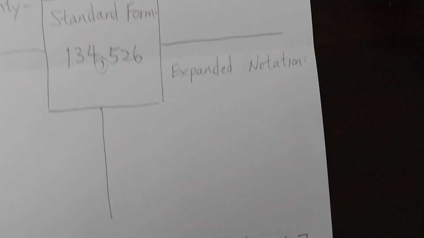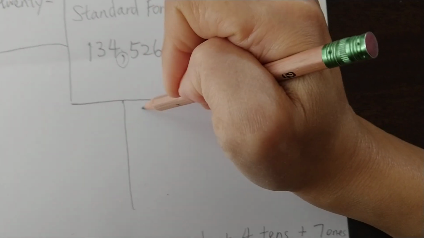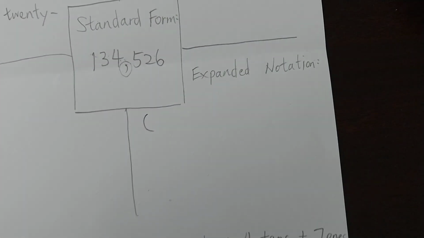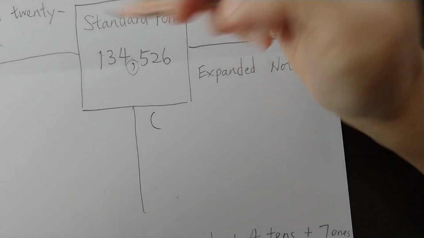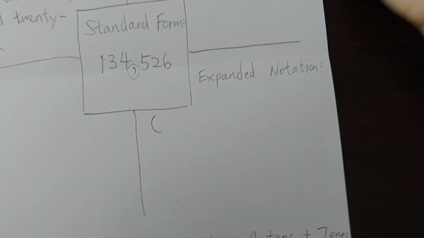Expanded notation is new to 3rd graders this year. And we did a lot of examples in class. So the way we write it is how many groups in which position.